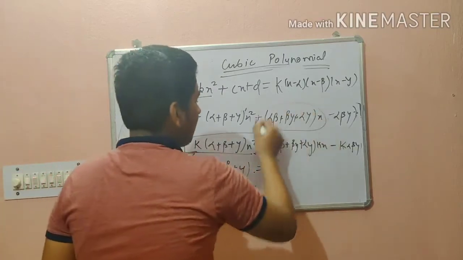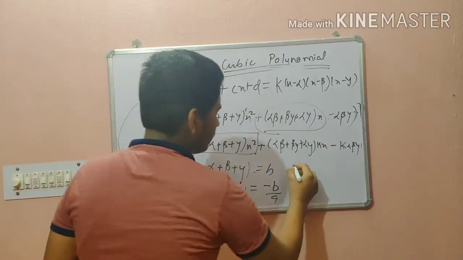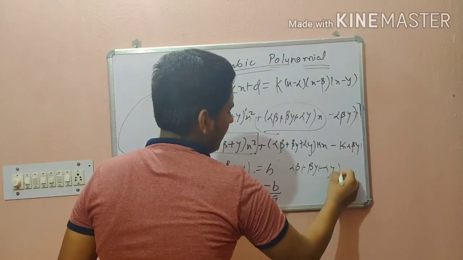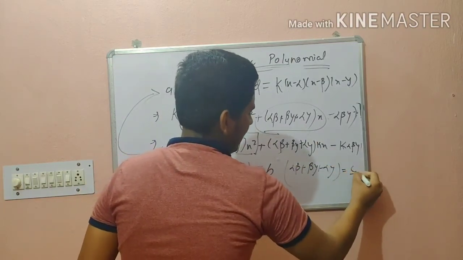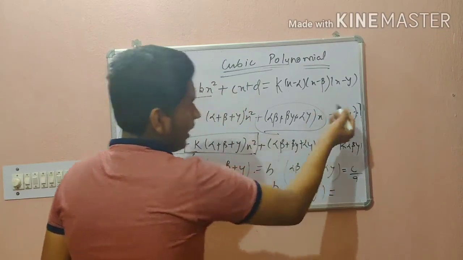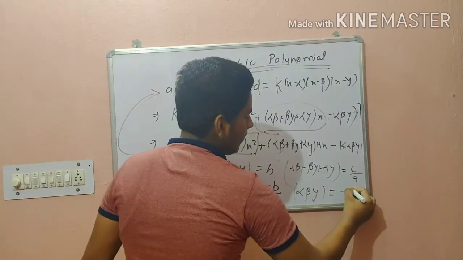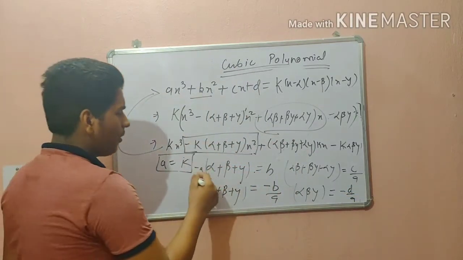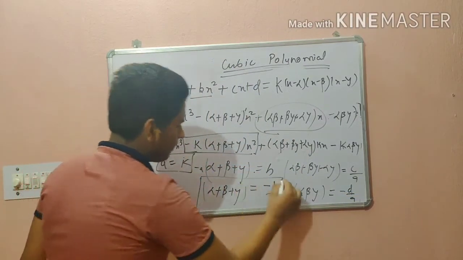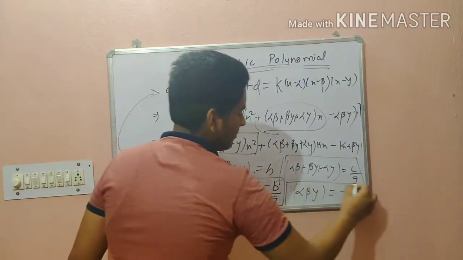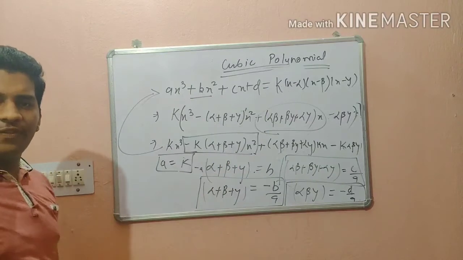Similarly, when we compare this, we get alpha beta plus beta gamma plus alpha gamma equals c by a. And then we compare the constant, alpha beta gamma equals minus d by a.